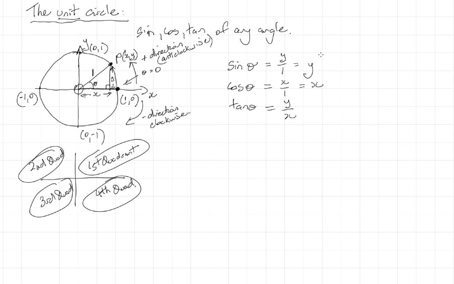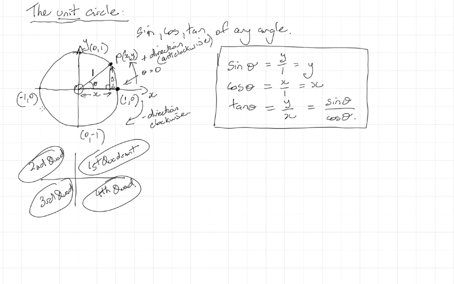If you go back and have a look up here, y is equal to sine theta. So instead of that y on the top there, I can put sine theta over cos theta. So that applies not just for P in the first quadrant, but P as it moves its way around the whole circle.